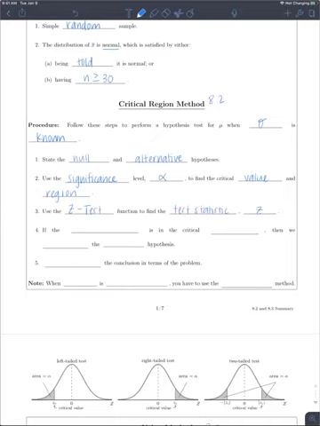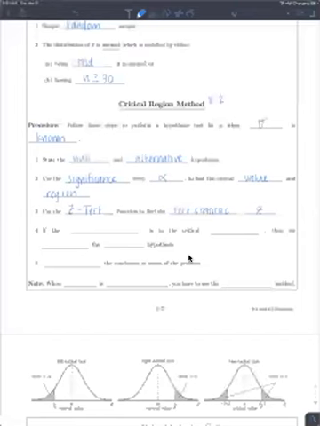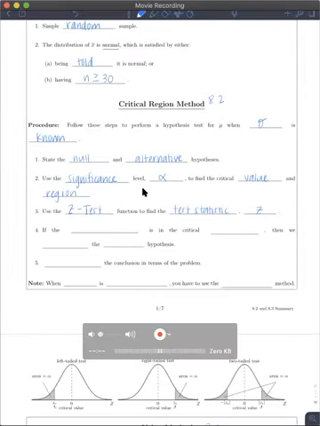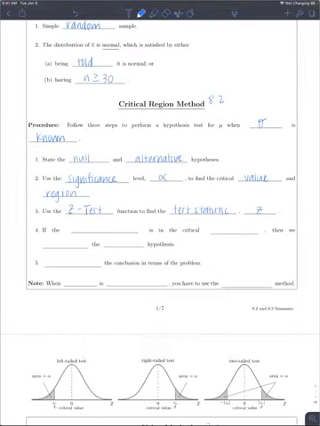And when do you reject the null hypothesis? Where does the test statistic need to be? If the test statistic is in the critical, what should I put here?